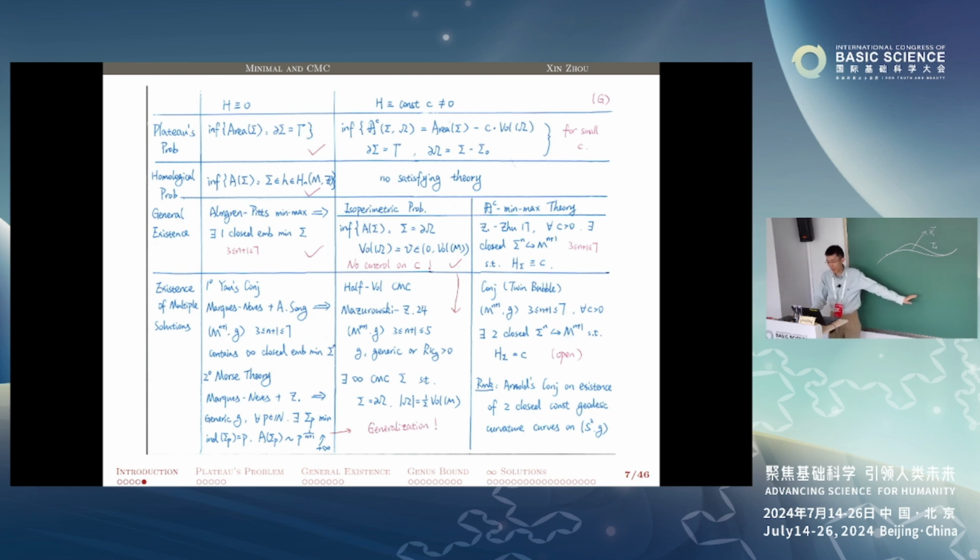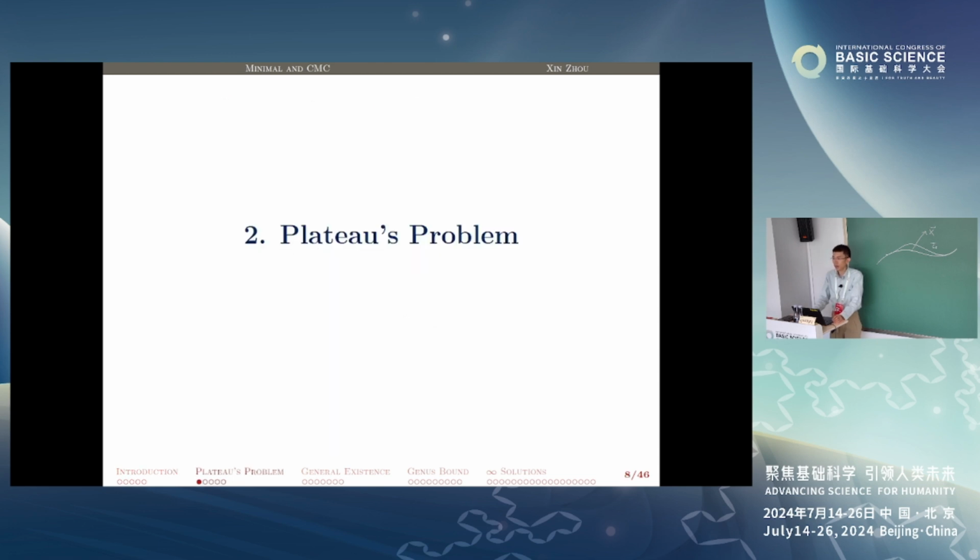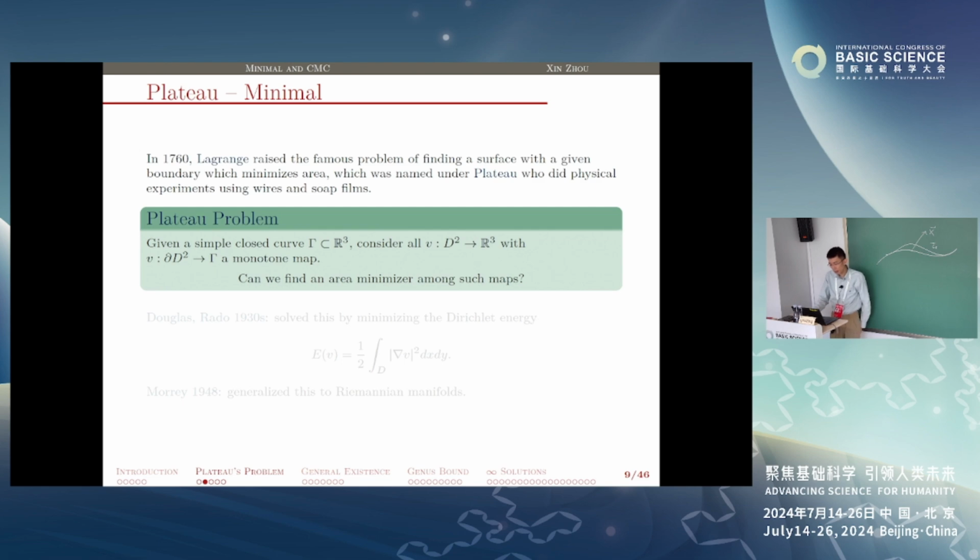I'm not going to say too much because I haven't said anything about that yet, but at the end, I'll give you a tour of what I put in this picture. Let me start with the first one, the Plateau problem, maybe one of the earliest problems concerning the existence of such type of surfaces.